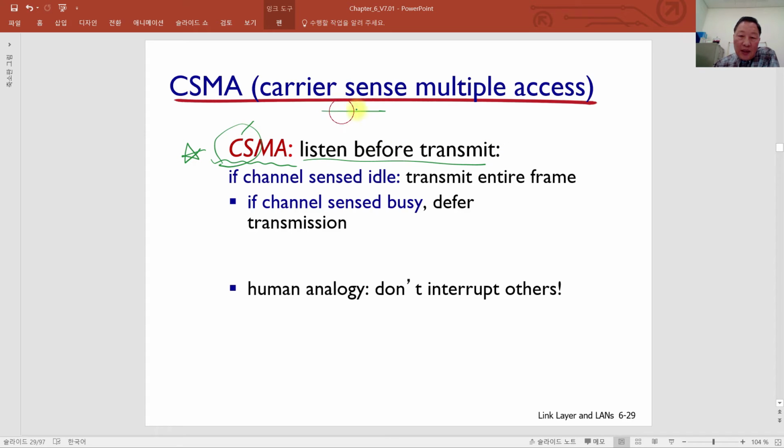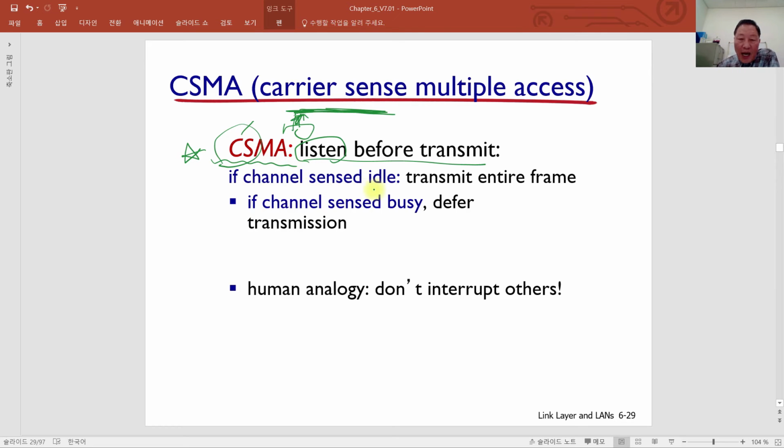Let's assume this is an electrical link and we are trying to send. Then this one is listening first, whether there is any transmission or not. If there is any transmission and I am sending, then it may collide. Thus it waits. Listen to that carrier first.